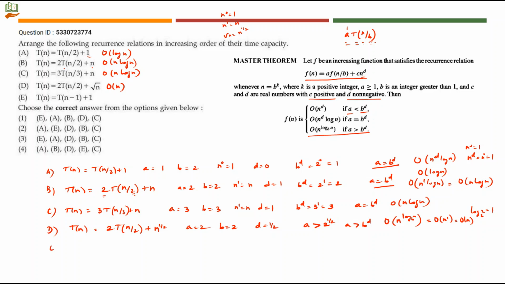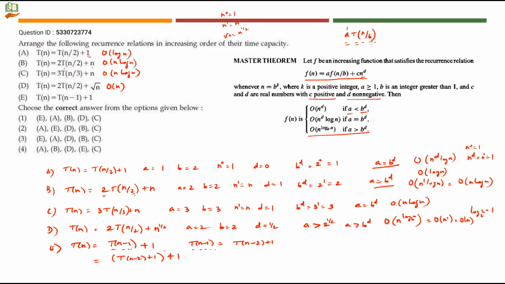What about E? T of n is equal to T of n minus 1 plus 1. So this is not in the form of Master's theorem. We have to take it in another way. Now how will you find T of n minus 1? T of n minus 1 can be taken as T of n minus 2 plus 1. Now we will substitute this T of n minus 1 here. So we have T of n minus 2 plus 1, and this plus 1 will be following here.